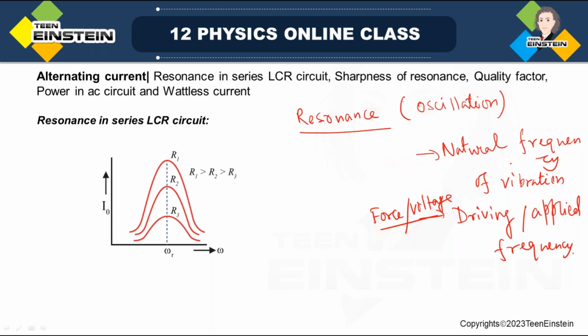So what is natural frequency? Suppose you have a swing. This swing actually has its natural frequency of oscillation, right? And someone is pushing the boy who is sitting on the swing, pushing from back.